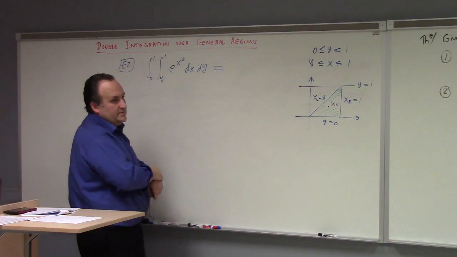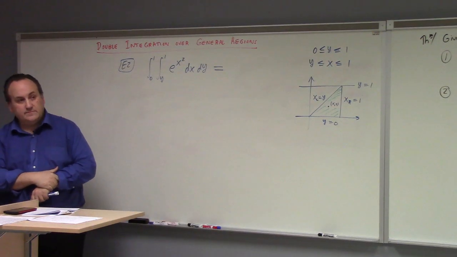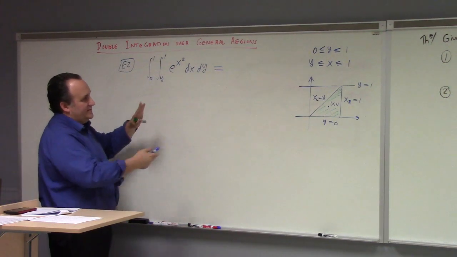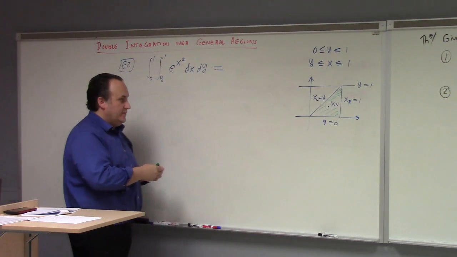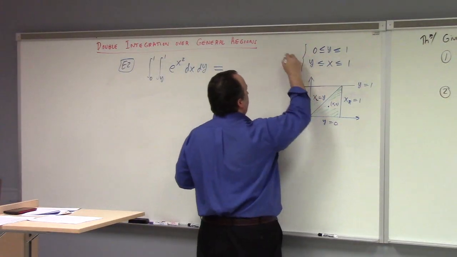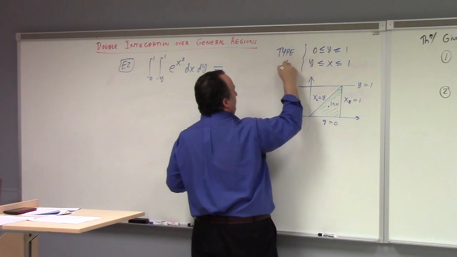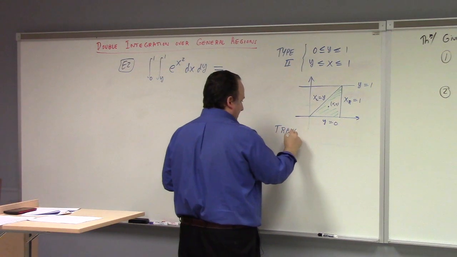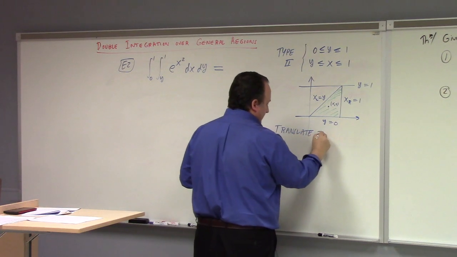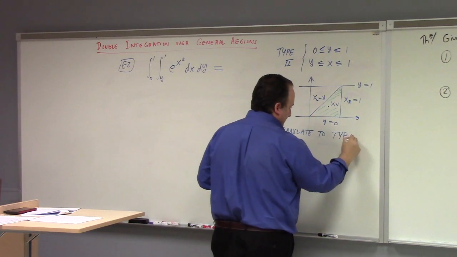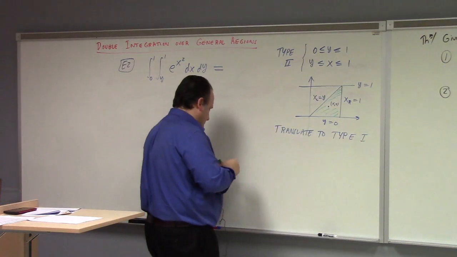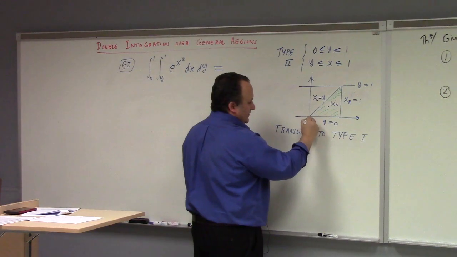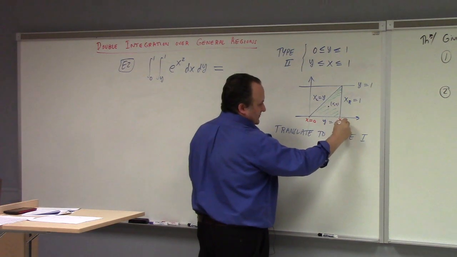So this region we could write as either a type 1 or a type 2. The integral as it's set up gives you a type 2 description, but what's the type 1 description? Look, everything is between x equals 0 and x equals 1.